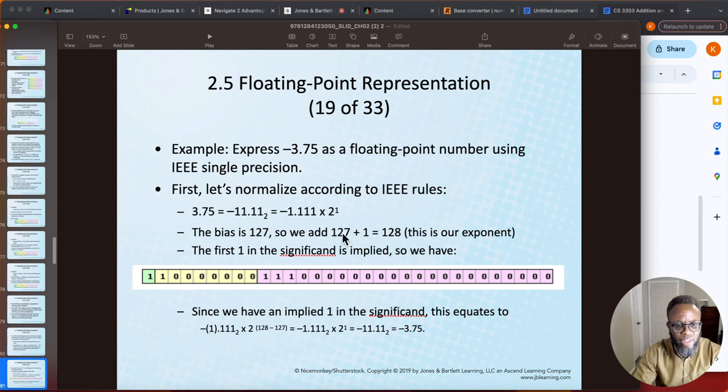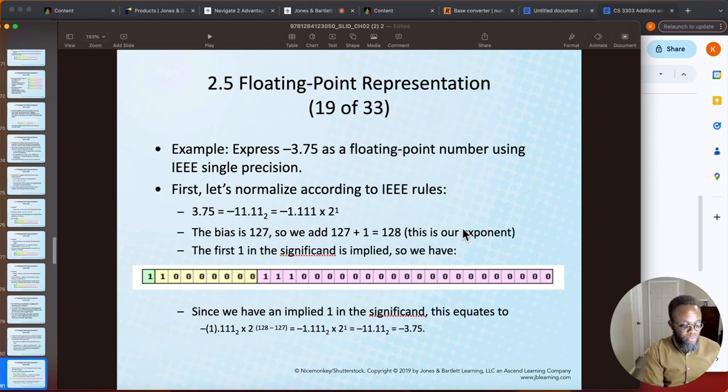Okay, so this is an example of negative 3.75 using the IEEE single precision. You first of all convert it to binary, which is this, and then we talked about normalization. Now there's the bias of 127. So the way the bias system works is that you add 127 plus 1 equals 128, and this becomes our exponent.